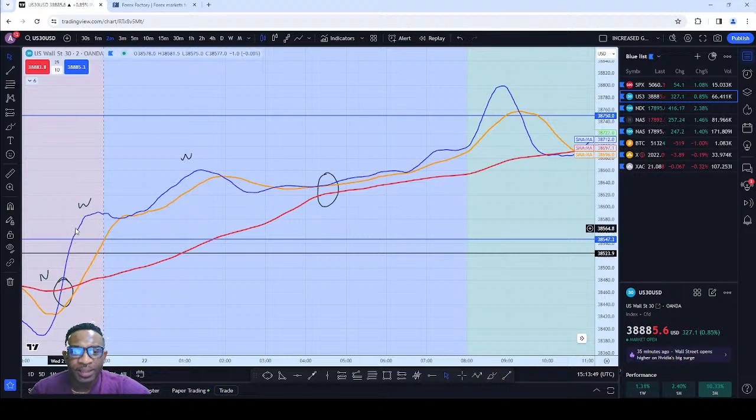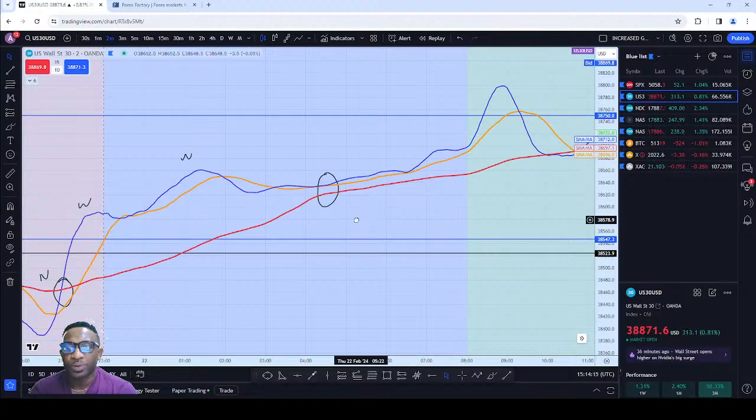So you have to look out and identify which state price is in at the time that you sit down to trade. As I said, price moves from the narrow state to the wide state, then comes back to the narrow state, then looks to go to the wide state again. That is how it moves.